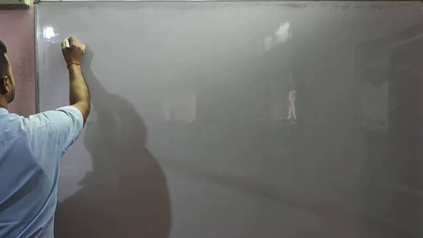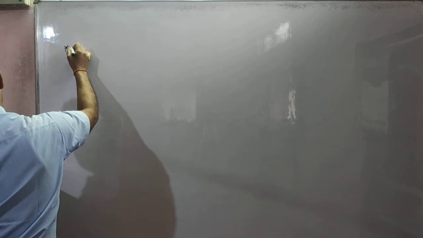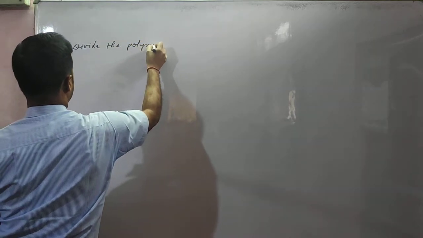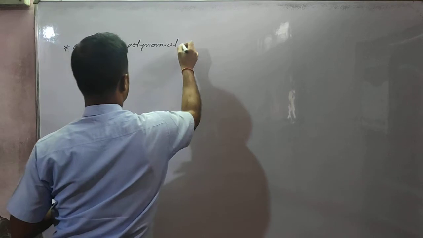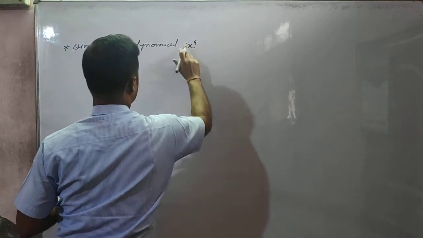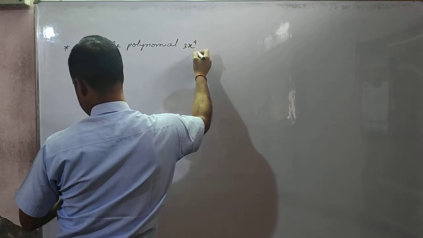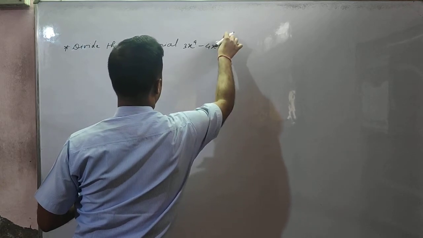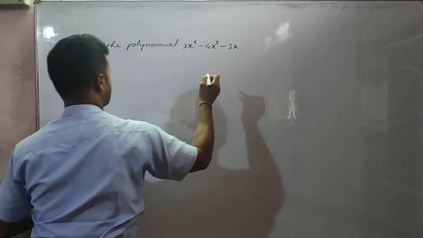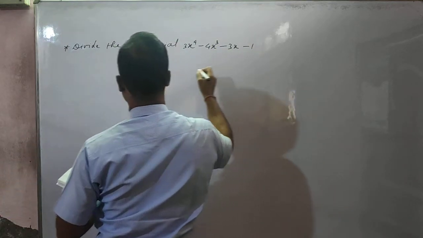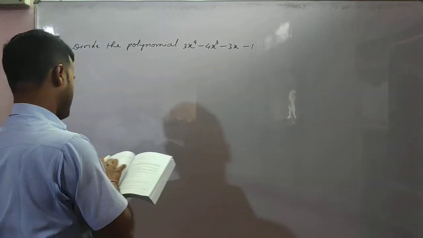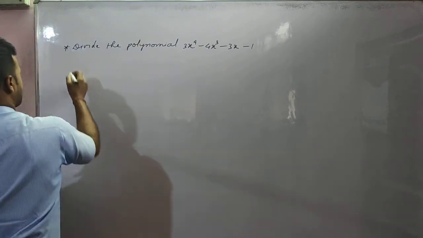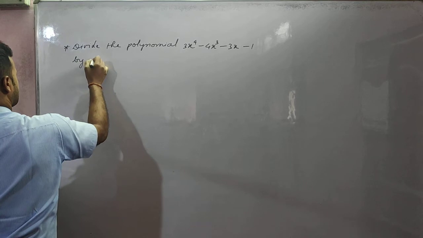So divide the polynomial 3x to the power 4 minus 4x cubed minus 3x minus 1 by x minus 1.